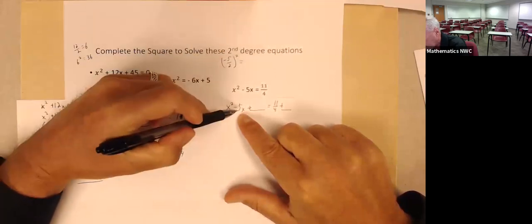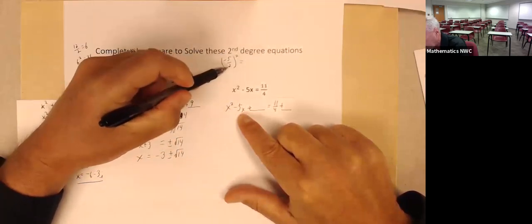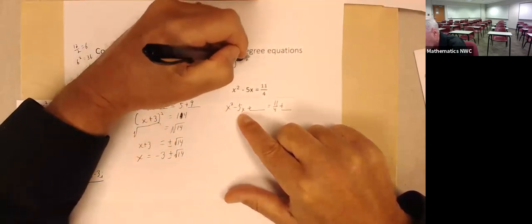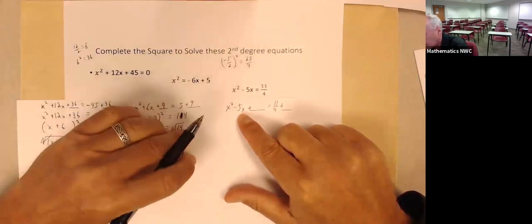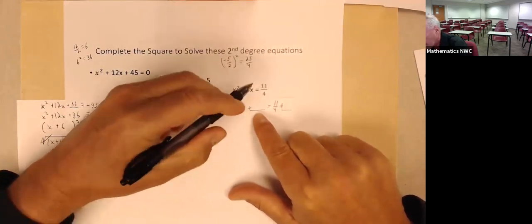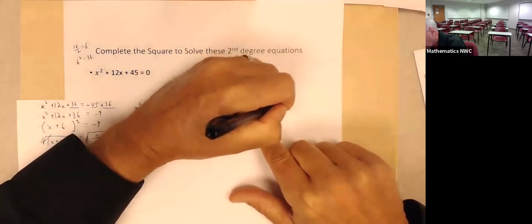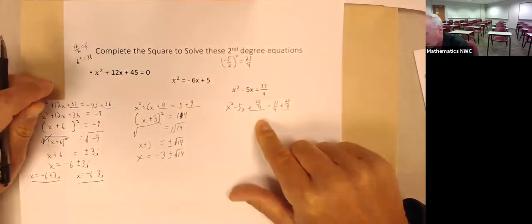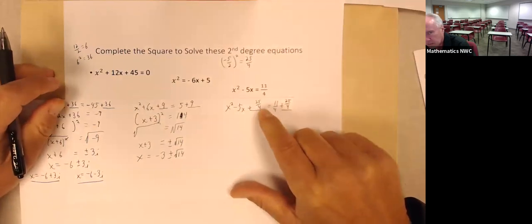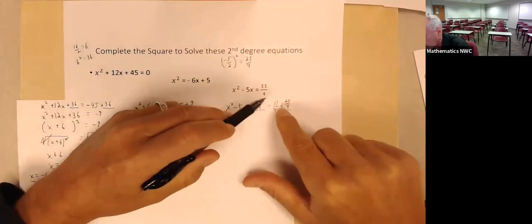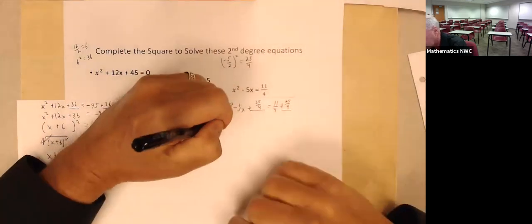If I take that 5, cut it in half, divide it by 2, and square it, I get 25 over 4. That's the number that I need to put in these blanks. 25 over 4. Super important that you can get that 25 over 4. That's how it was done.